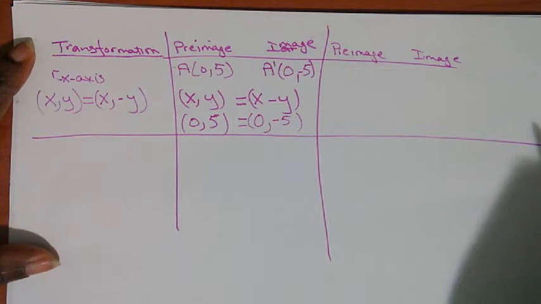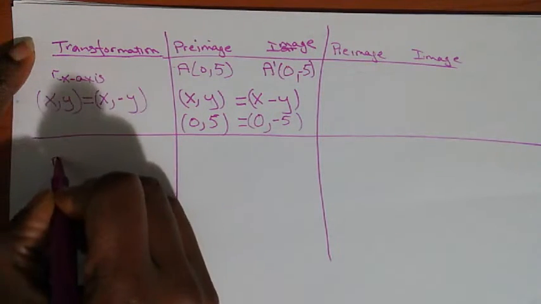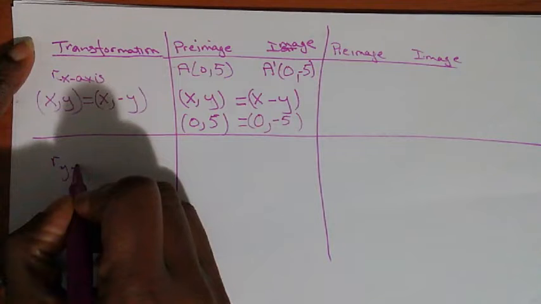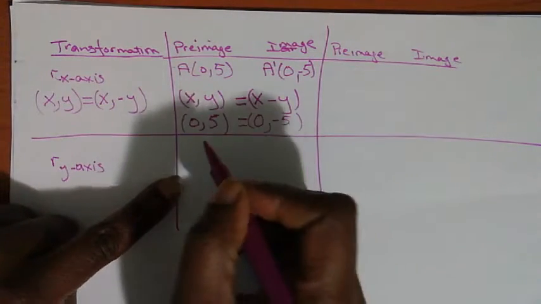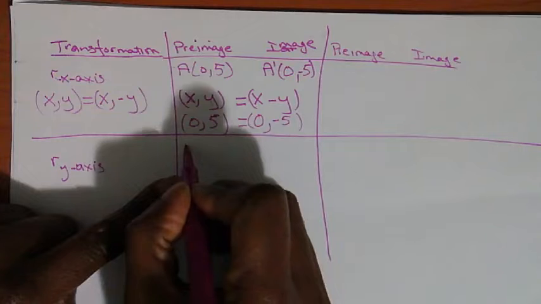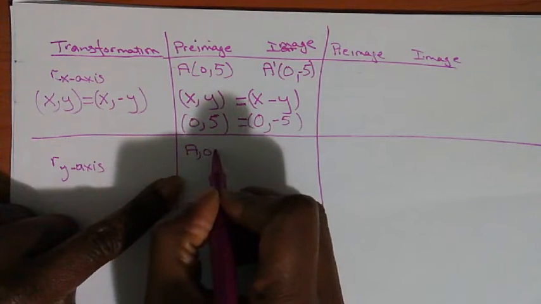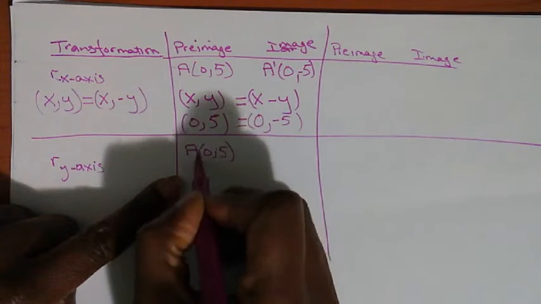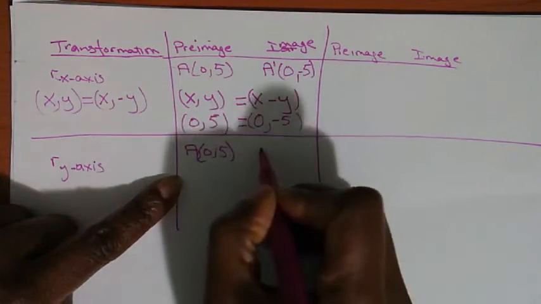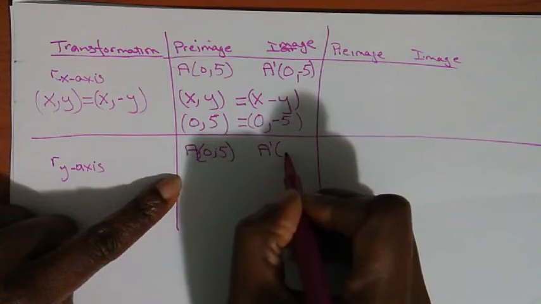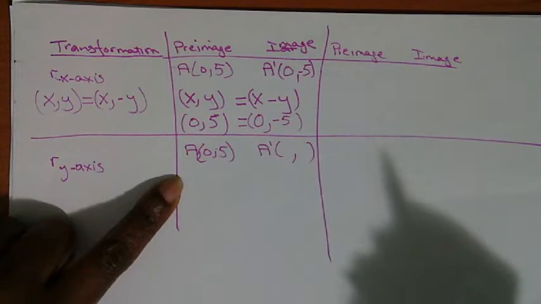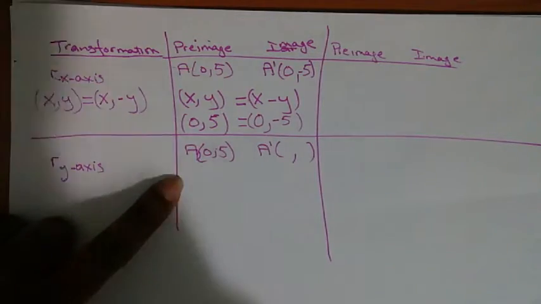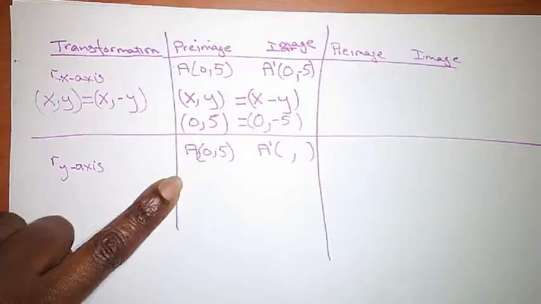Next example, we are going to do a reflection over the y-axis. I'm going to use the same point again, 0, 5, and I need an image for that under that transformation.